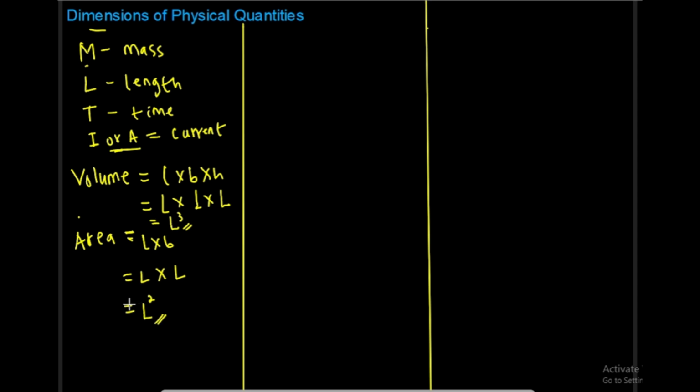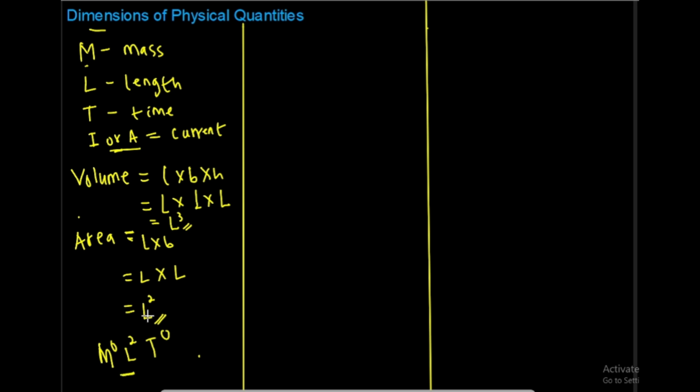Now sometimes, most times we represent them using M, L, and T. In this video, I just want to cover the first three. So sometimes you may not see the dimension of area as L squared. They may write it for you in the option as M raised to power 0, L squared, T raised to power 0. Basically they can have it in this format.